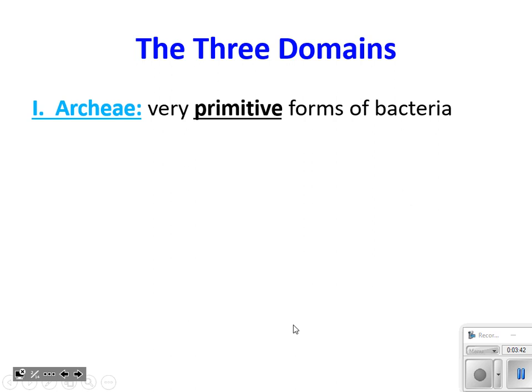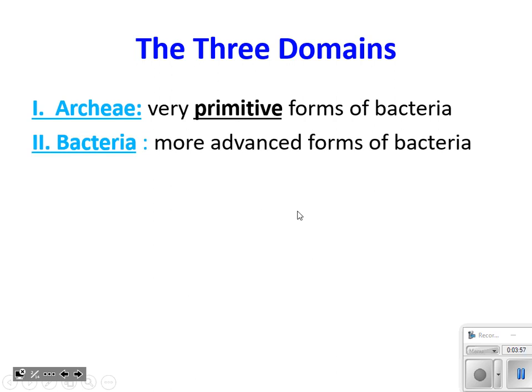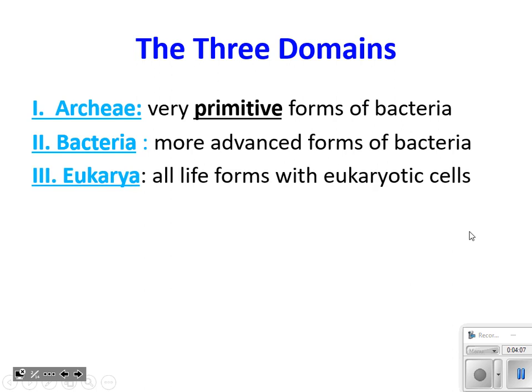All right. Now, let's move on and discuss a little bit about these three. Archaea are very primitive forms of bacteria. Very primitive forms of bacteria. Bacteria are more advanced forms. So archaea, very primitive. Bacteria is more advanced. And then finally, we're going to get into eukarya, which is all life forms that have eukaryotic cells.